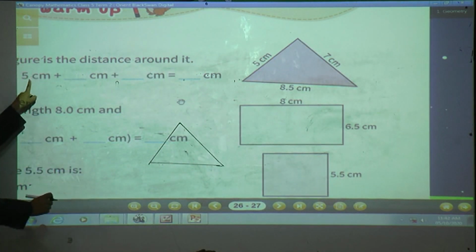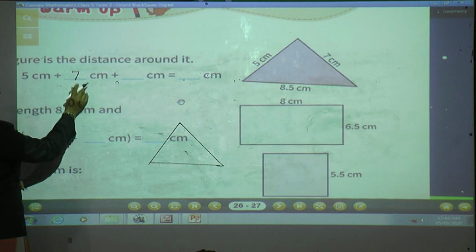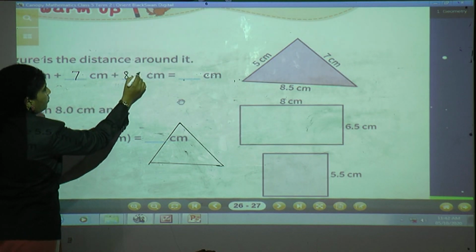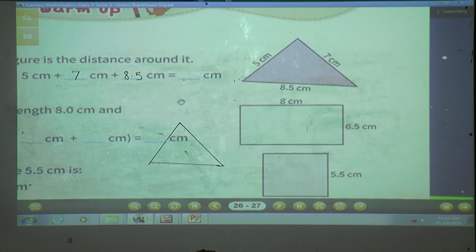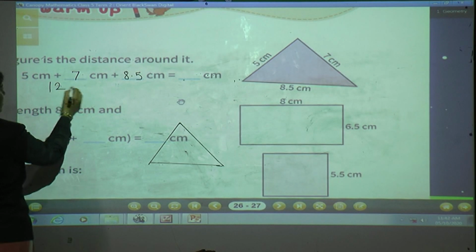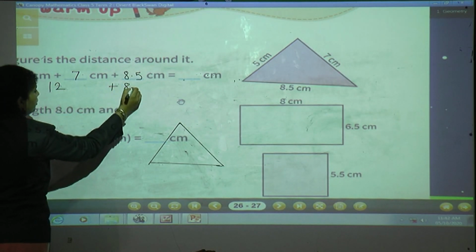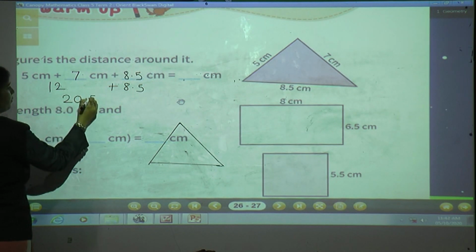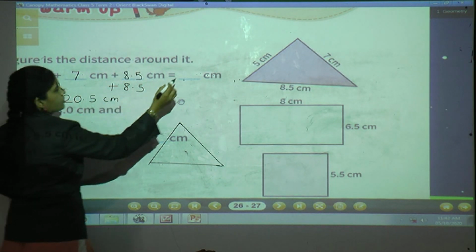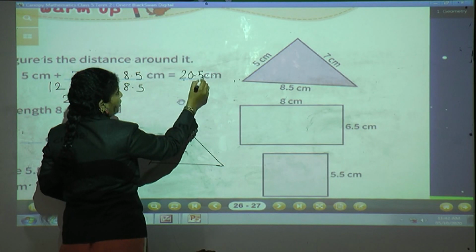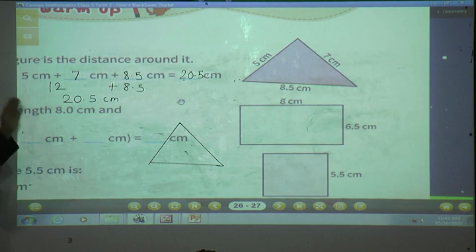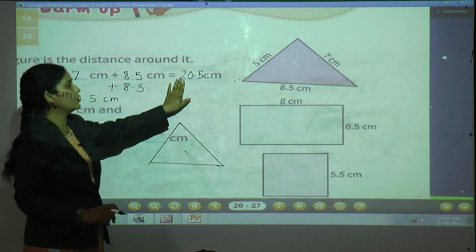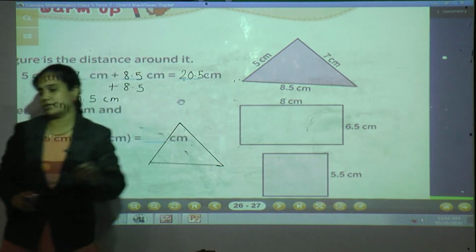So 5 cm plus 7 cm plus 8.5 cm. 5 plus 7 is equal to 12, plus 8.5, we will get 20.5 centimeter. That means the perimeter of the triangle is 20.5 centimeter.